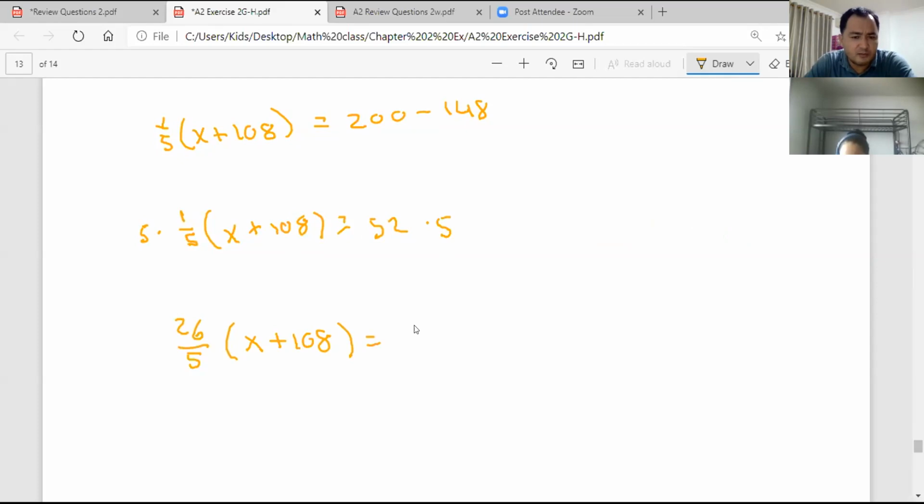What does it mean? It is 5 times 1 over 5. Shahina, 5 times 1 over 5. What is it? It is 1. We want to make it 1. That's why we multiply by 5. So it is 1. It's just we have x plus 108. No need to put parentheses. Just write x plus 108 on the left-hand side.